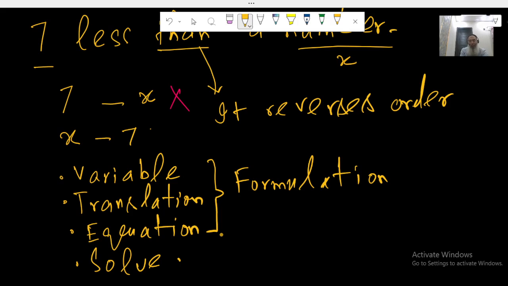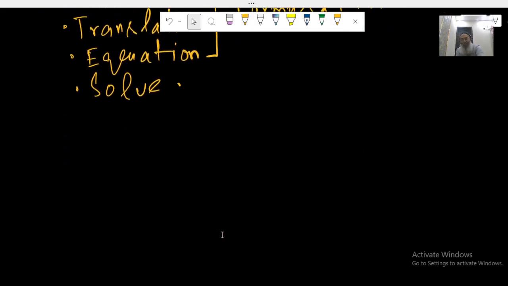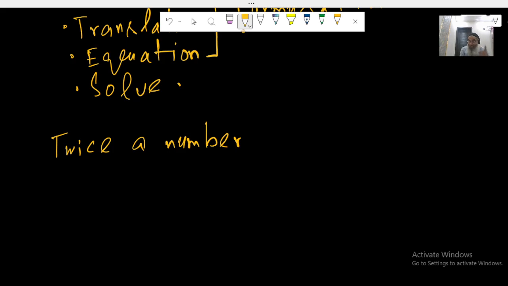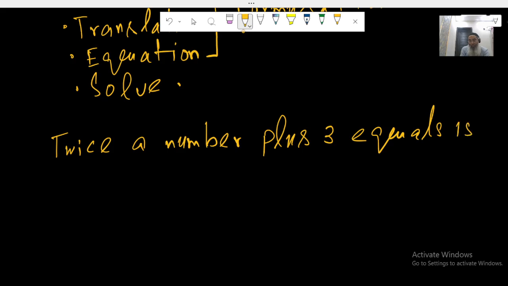For example, twice a number plus 3 equals 15.